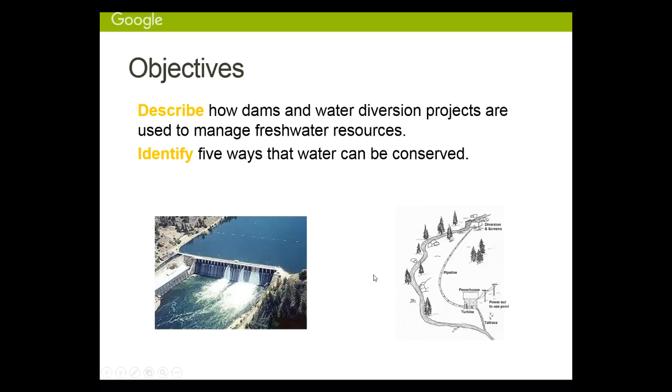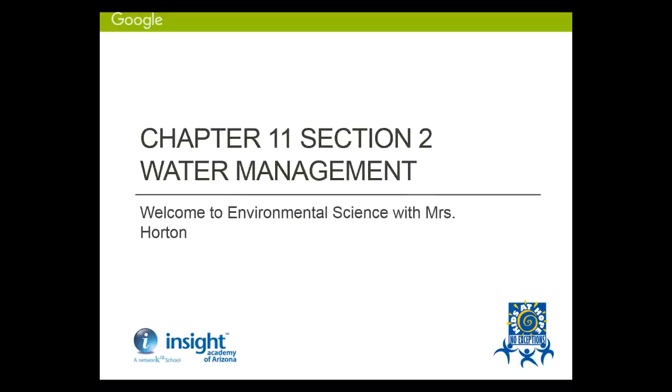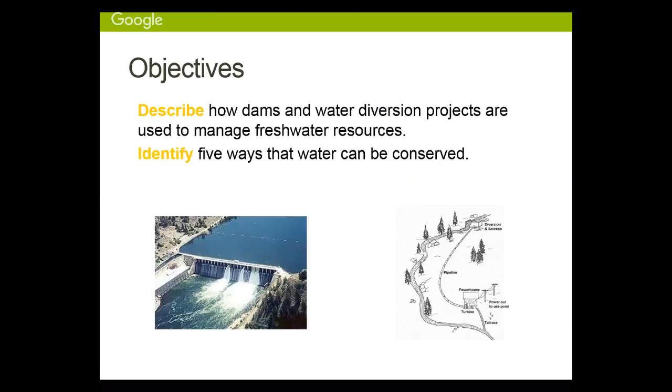So our objectives for, well, first of all, this is on Chapter 11, Section 2, and I just picked out a small portion of it. You still need to read and do your guided notes, but this is just one particular segment of what's in your reading. Your objective for today is to be able to describe how dams and water diversion projects are used to manage freshwater resources.